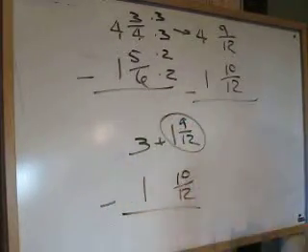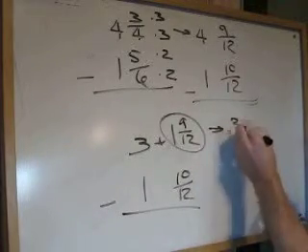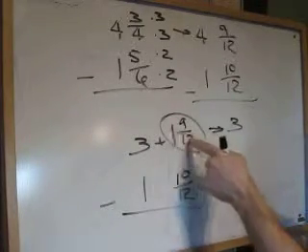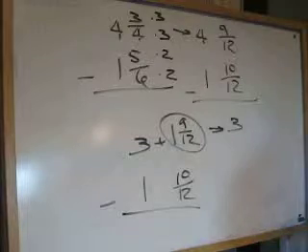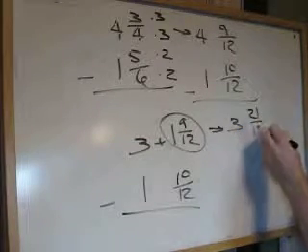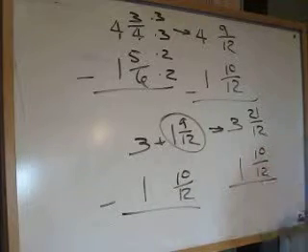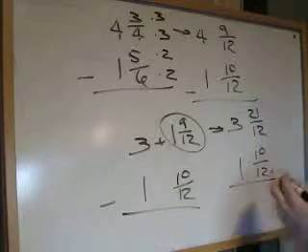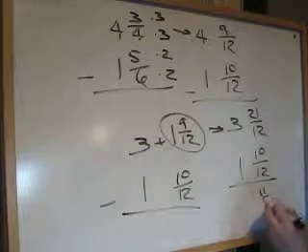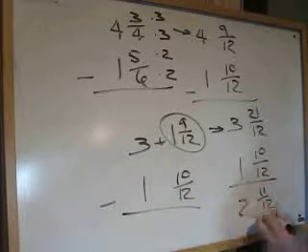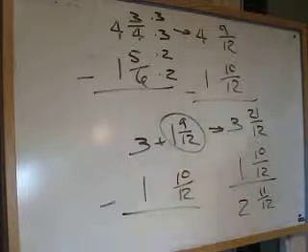Take this, turn it into a mixed number, or an improper fraction. 12 plus 9 is going to be 21. And we're going to subtract 1 10/12. So now this number is larger. So 21 minus 10 is 11. 3 minus 1 is 2. So we get 2 11/12.